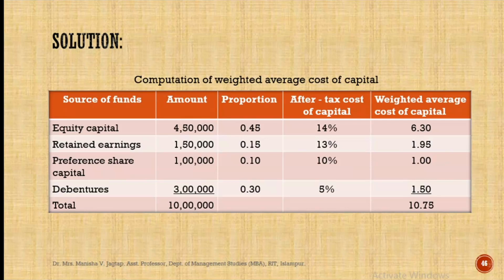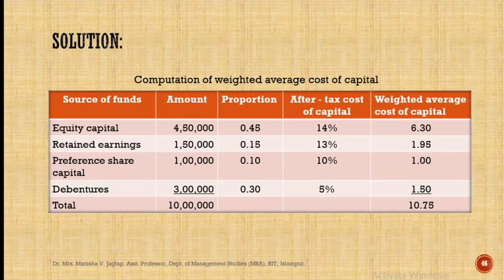You can see here the equity capital weighted average cost is 6.30. For retained earnings, it is 1.95. For preference share, it is 1. For debentures, it is 1.50. So how to calculate this weighted average cost of capital?